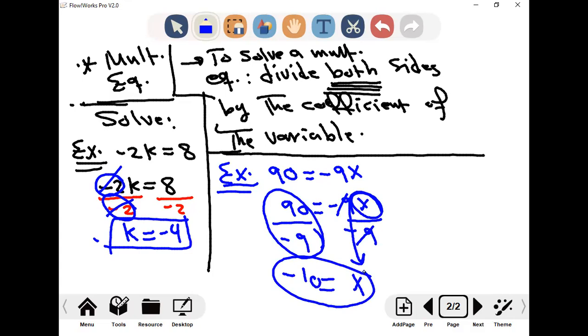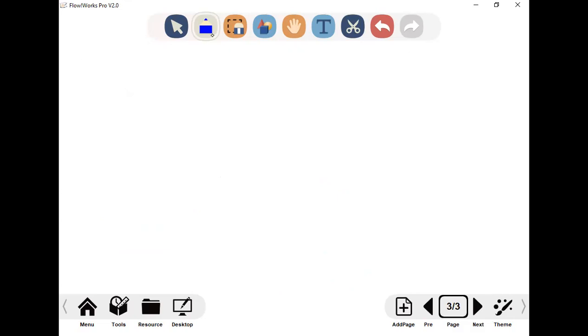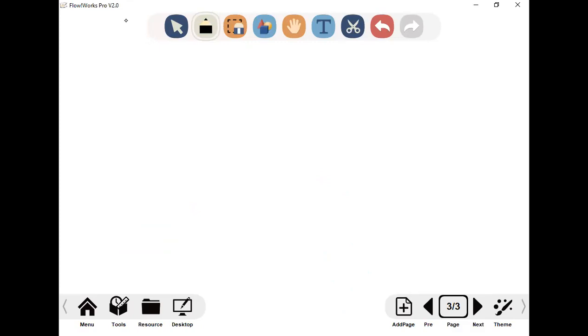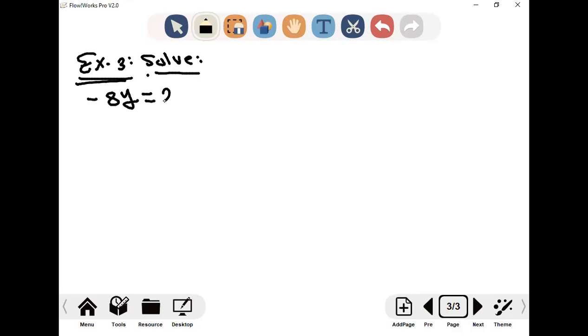Let's do example 3 now. Solve -8y equals 24. Yahya, stand up.